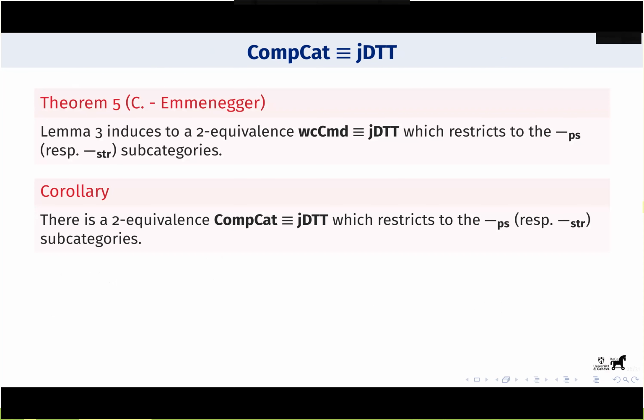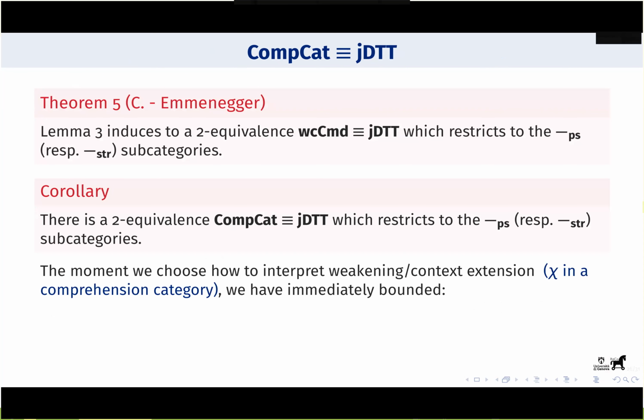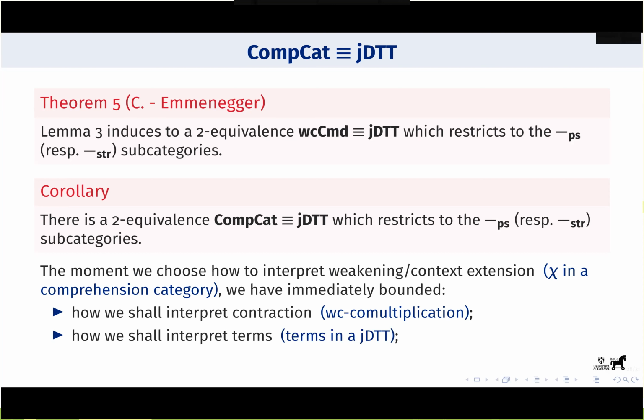And what it means, or at least how I like to interpret this, is that the moment we chose to interpret weakening and context extension, so the moment we chose how to describe chi, we have immediately bounded a lot of our interpretation, because contraction is now bounded, and that is just WC co-multiplication. And then terms are bounded because, as we said, every term is a coalgebra now.